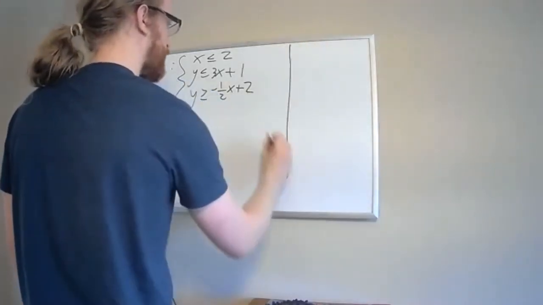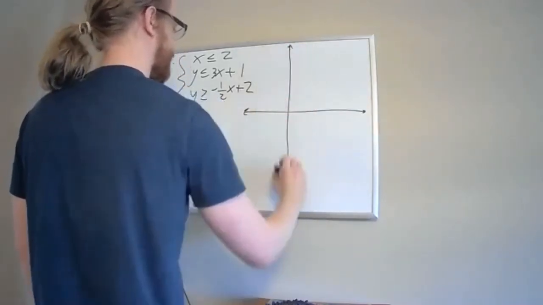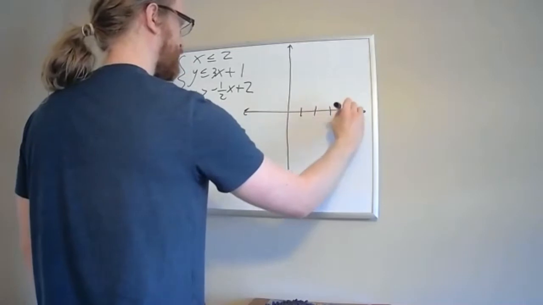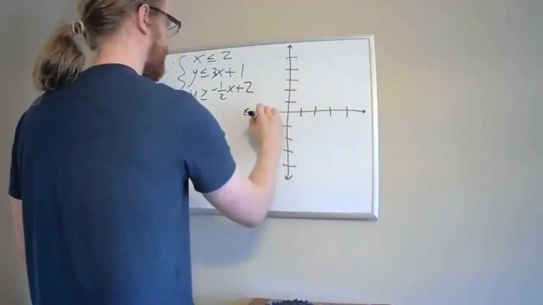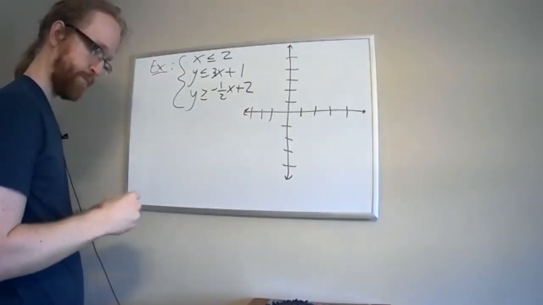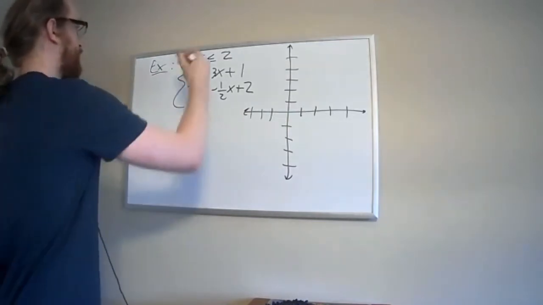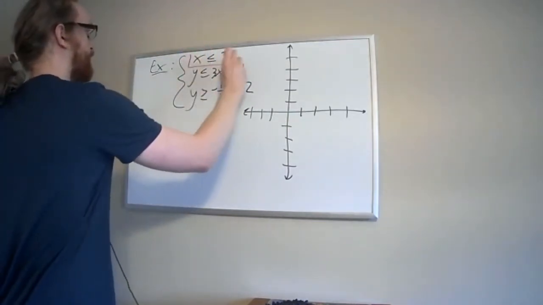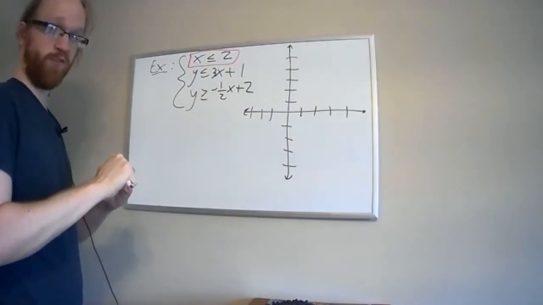So here are my coordinate axes. Put in some tick marks. All right, and so let's go ahead and graph this. So if I do this first guy in red, it's x less than or equal to 2. I know I have to graph the line x equals 2.